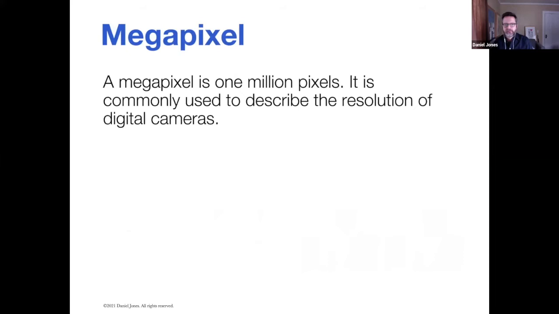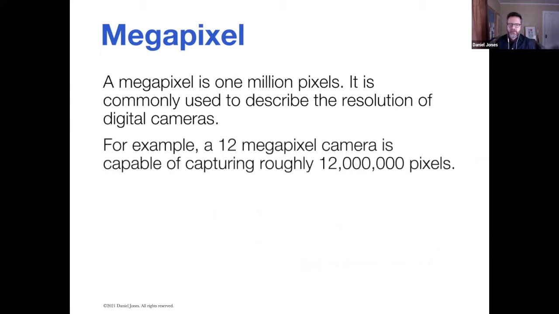Megapixel refers to 1 million pixels. It is commonly used to describe the resolution of digital cameras. For example, a 12 megapixel camera is capable of capturing roughly 12 million pixels in an image.